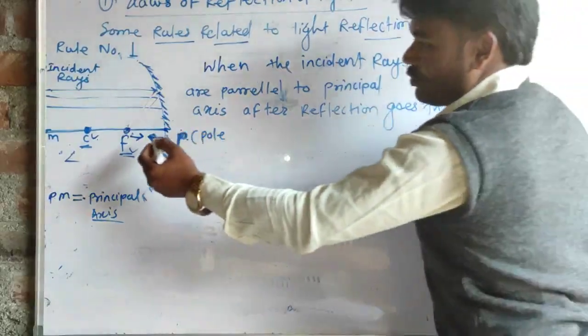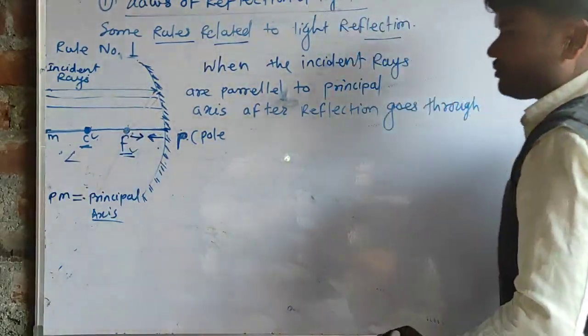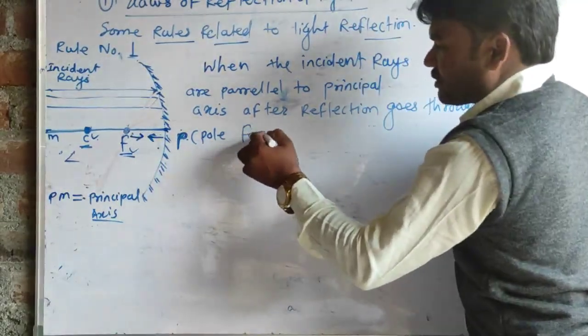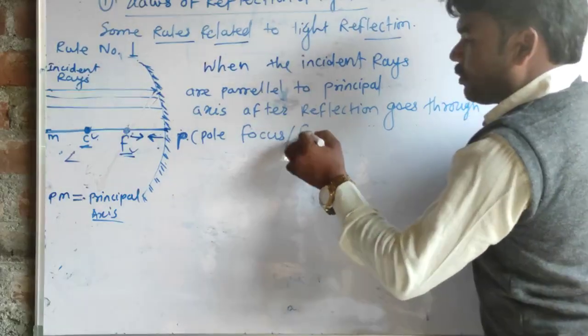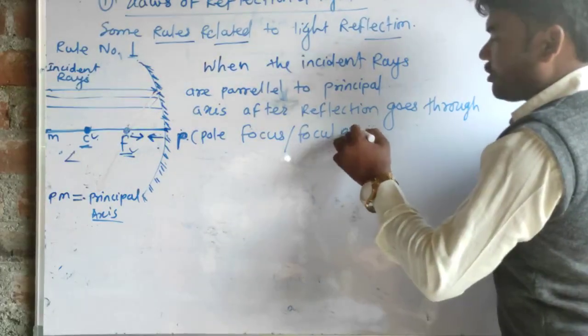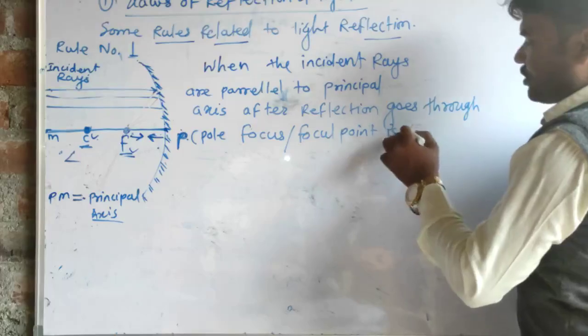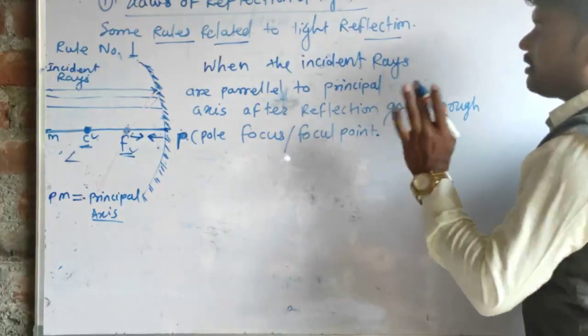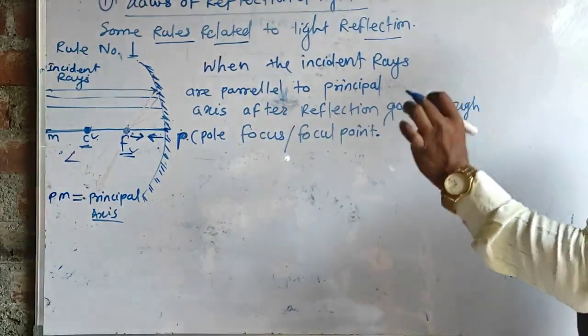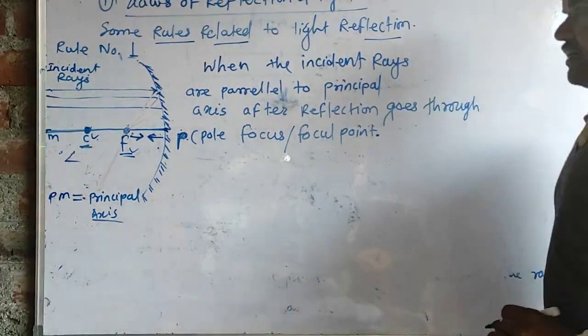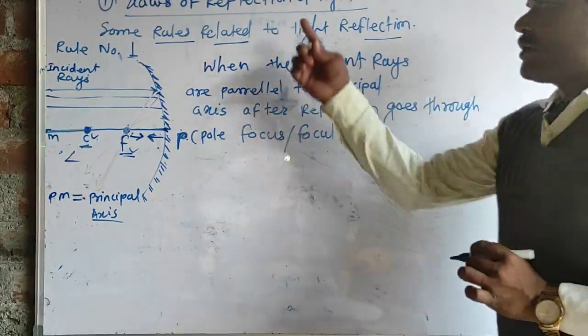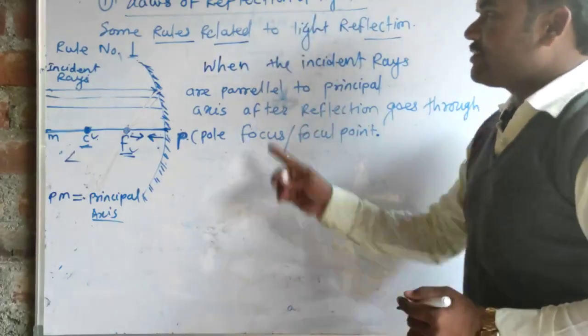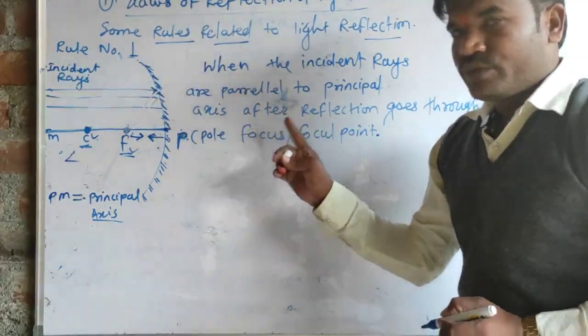Tell me. You can also recall it. They go through the focus or focal point. This is called the focal point. This is the first law related to the reflection of light, the first rule of the laws of reflection of light, which we get here.